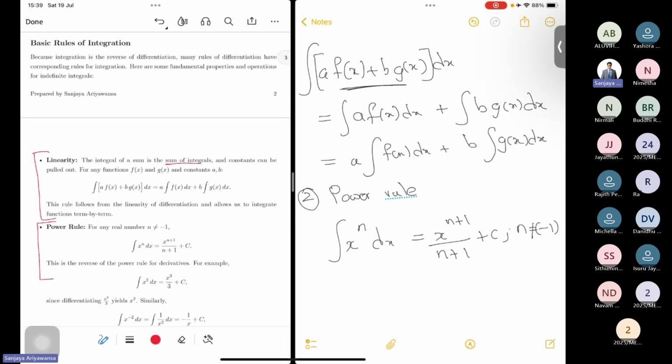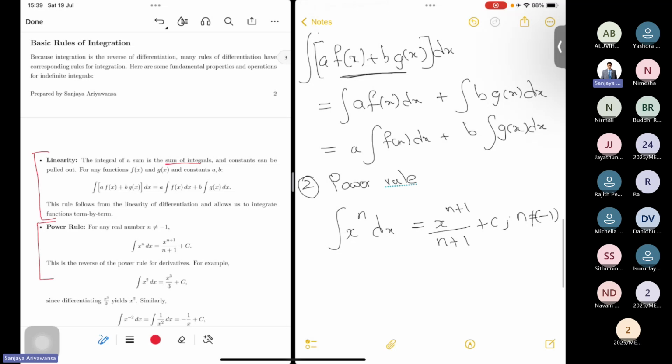This is also something that you've seen before. Why is that? Because we are trying to find the antiderivative of x to the n and we get this. But if we were to find the derivative of x to the power n plus 1 divided by n plus 1 plus c, how do we go about doing this?